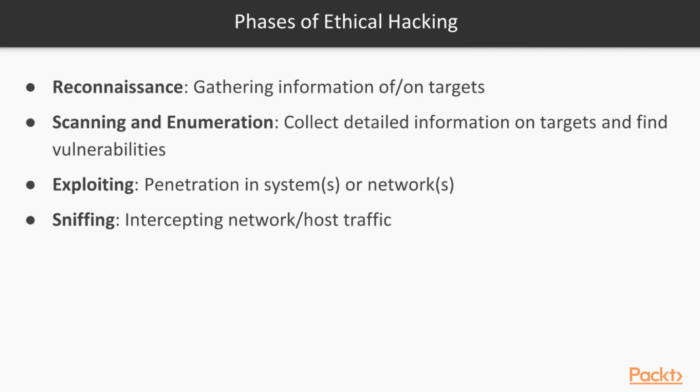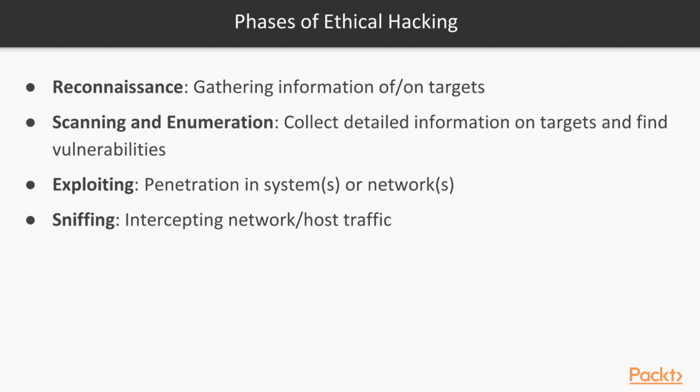In this course, we're going to go through a few phases of ethical hacking. Our first phase in section 1 is reconnaissance, which is gathering information of and on your target system, network, or devices. Scanning and enumeration. This is where we collect data, detailed information on the targets, and find vulnerabilities or weaknesses.